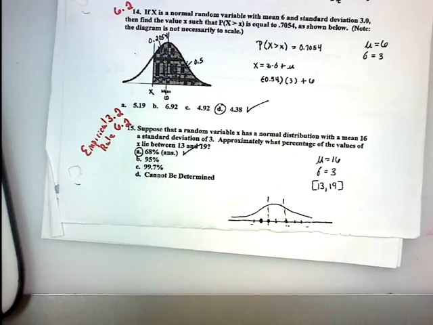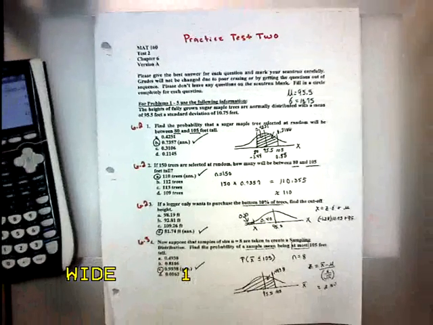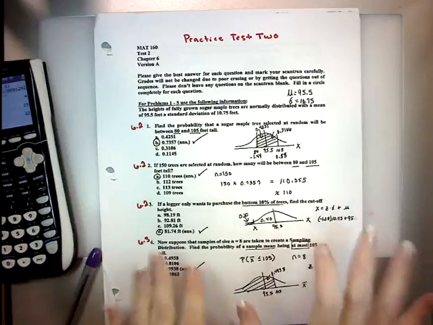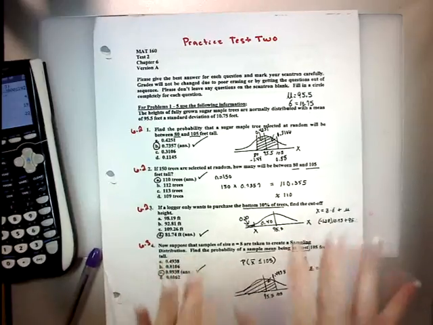Well, that concludes the practice test. I hope that the practice test has been helpful, and let me know if you have any more questions whatsoever. I only plan to make the practice test a video.